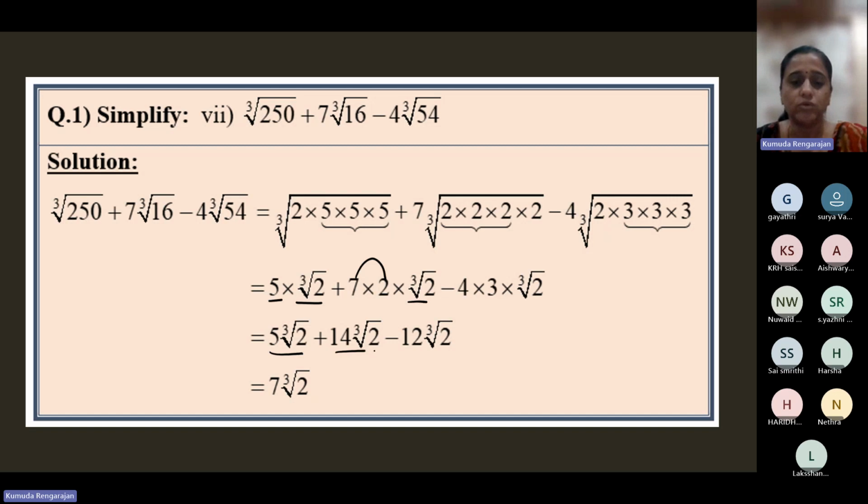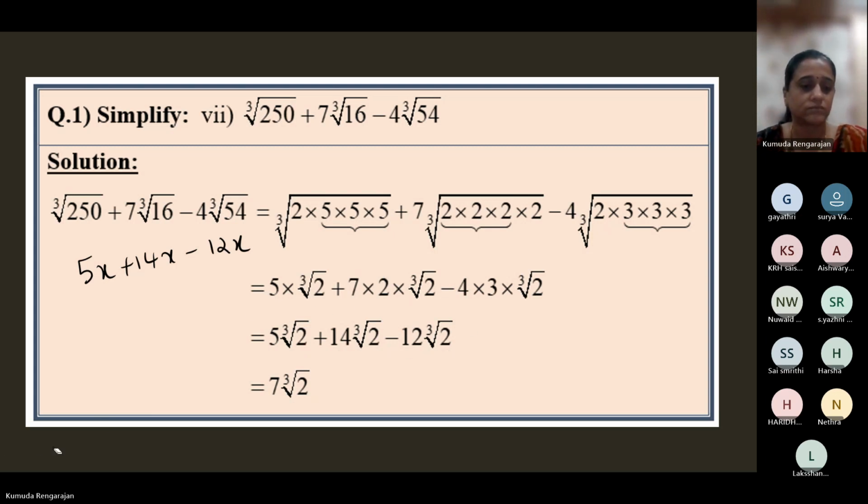14 cube root of 2, 12 cube root of 2. It's like 5x plus 14x minus 12x. Just treat this cube root of 2 as x.